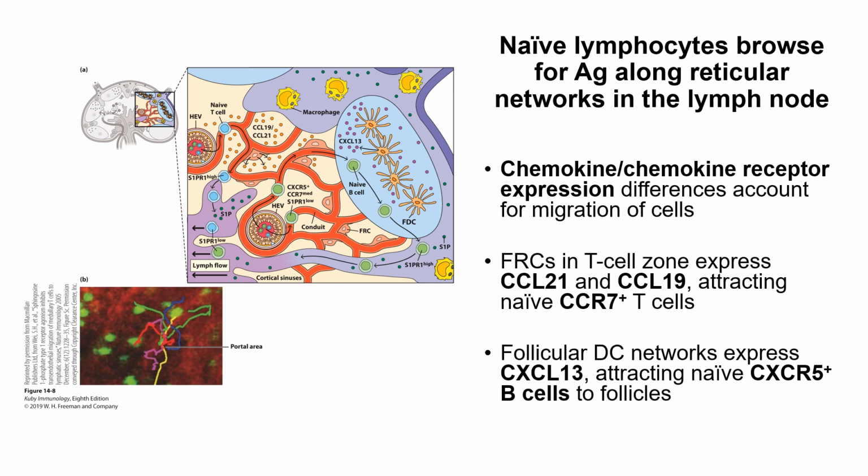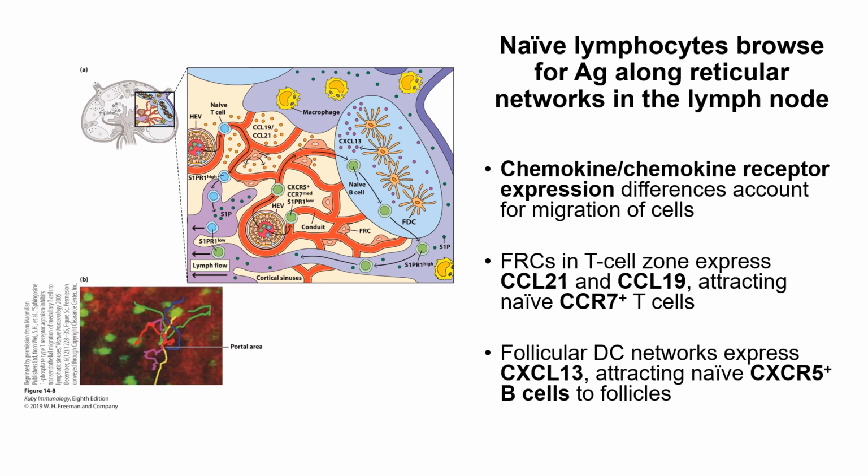So T cells come out here, B cells come out here, and then these cells migrate along these fibroblast reticular cell network pathways in response to CCL19 and CCL21 for T cells, and CXCL13 for B cells.